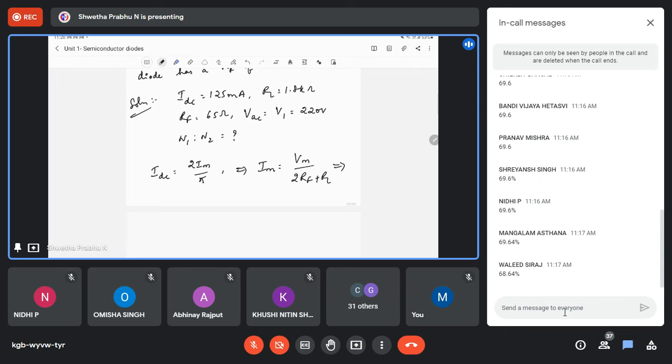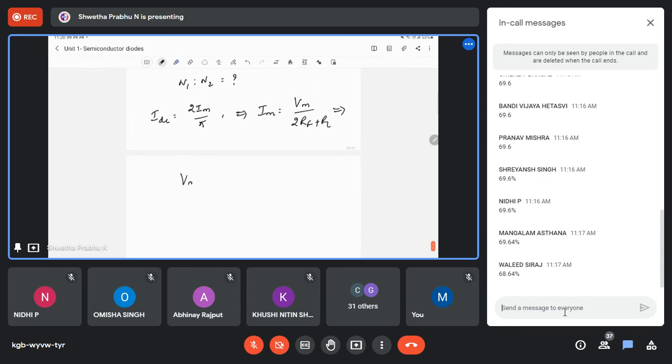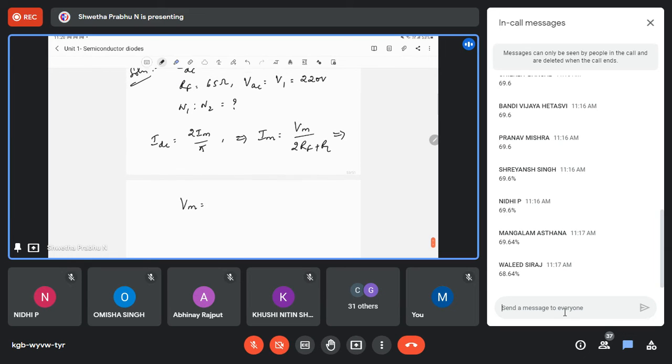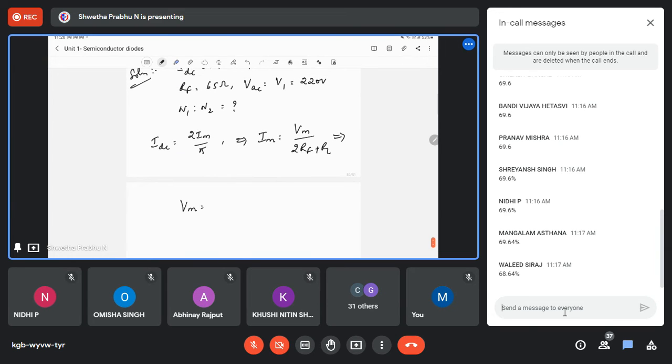So before solving this, find Vm. How do you find Vm? 220 volts, that is V1 they have given, right? Divide by root 2. You'll get Vm.